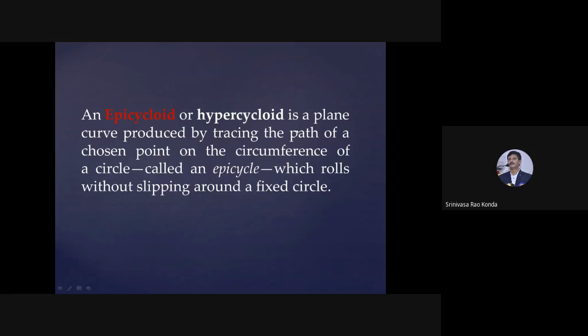It is a plane curve produced by tracing the path of a chosen point on the circumference of a circle called an epicircle, which rolls without slipping around a fixed circle.